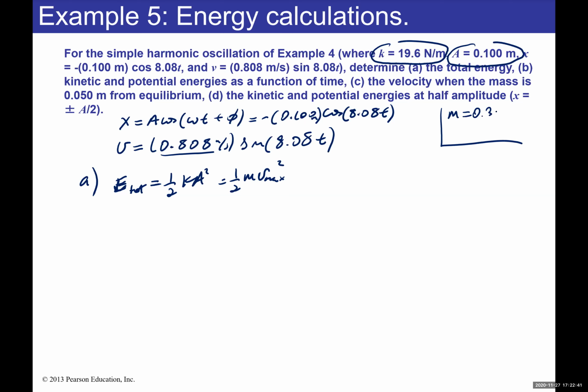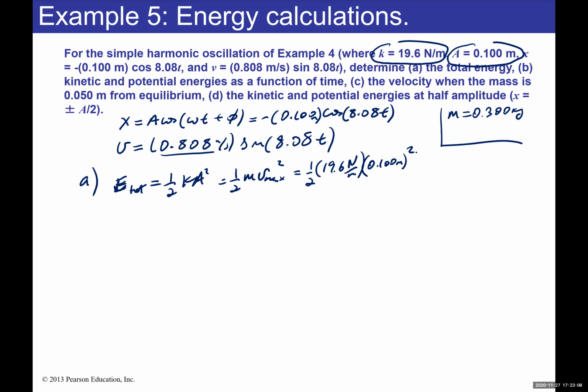So it's 0.3 kilograms. We're not skipping that example. I moved it a little bit back because it required us to look at a vertical spring system, which we'll talk about in a little bit. But let's say the mass is given to us. So I can use this: 1/2 times 19.6 newtons per meter, times 0.1 meters squared, which is 1/2 k A squared.